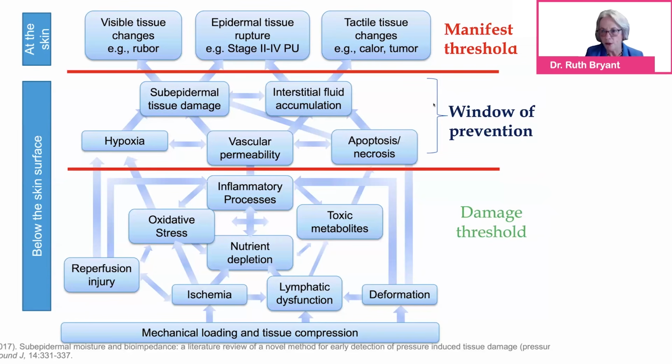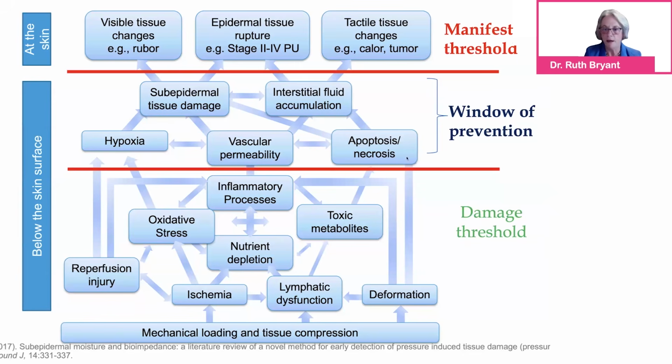But what we'd like to do is move to this window of prevention, this next level. That's where there's already some subepidermal tissue damage. There's vascular permeability going on that we already described, some interstitial fluid accumulation, microscopic edema is occurring. And that's where we want to move to, that early window of prevention.